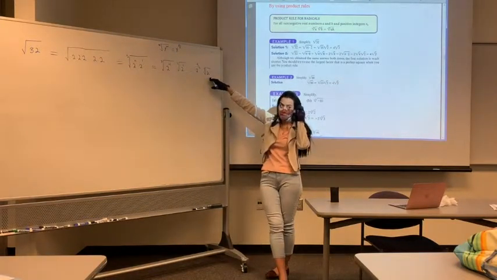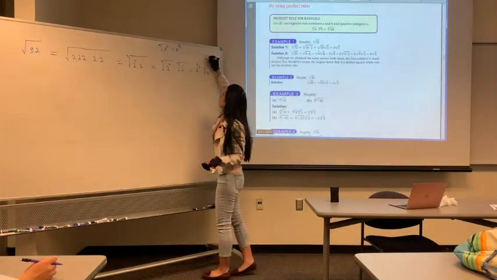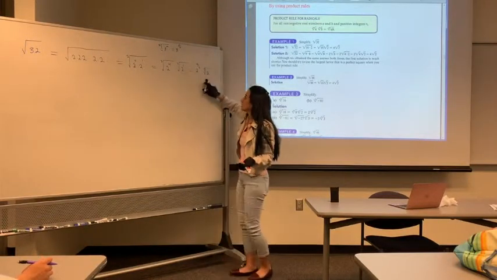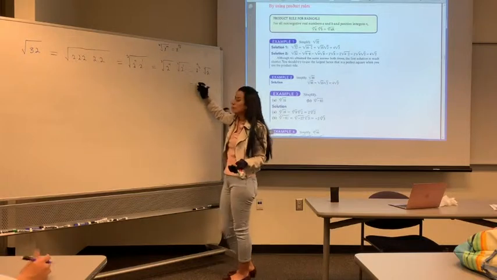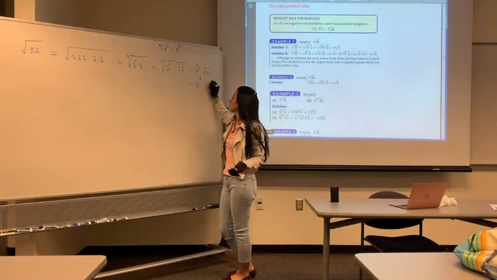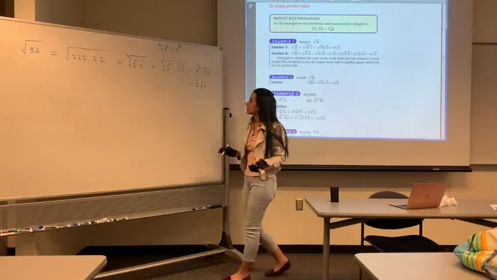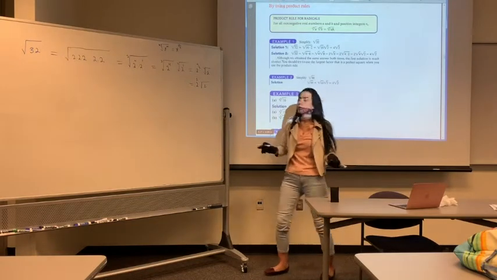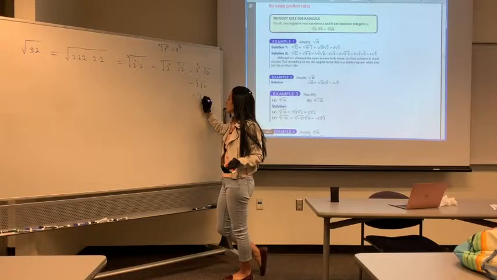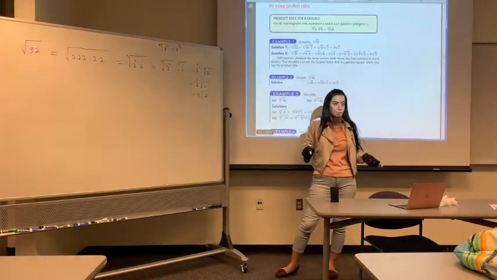It doesn't come out of the radical, and we don't want to write 2 power 1 over 2, because it doesn't look good. So this one is the best. 2 power 4 divided by 2 is 2 power 2, and we keep the radical 2. So radical 32 is 4 radical 2.